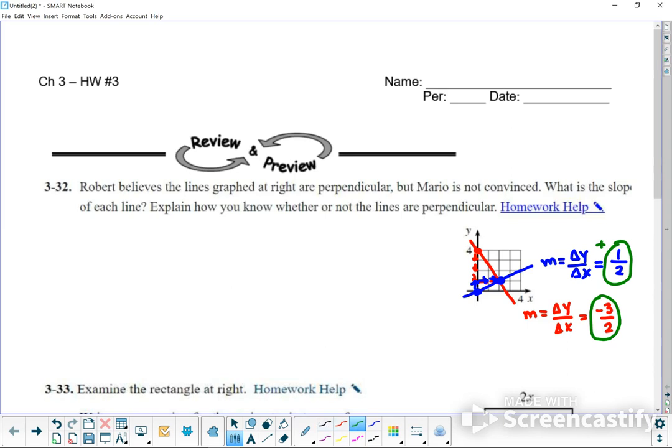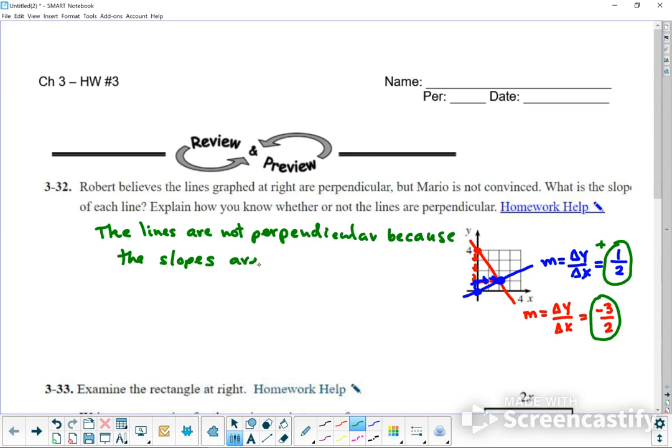Right? So I'm going to say the lines are not perpendicular because the slopes are not reciprocals, which means flip of one another.